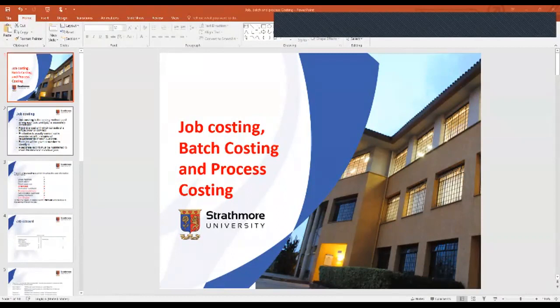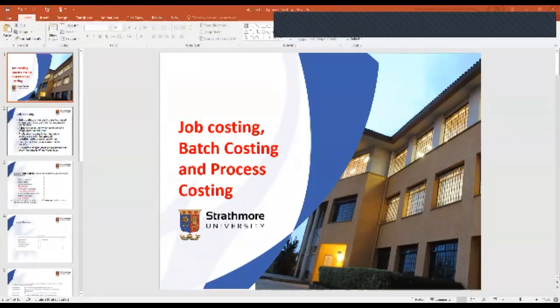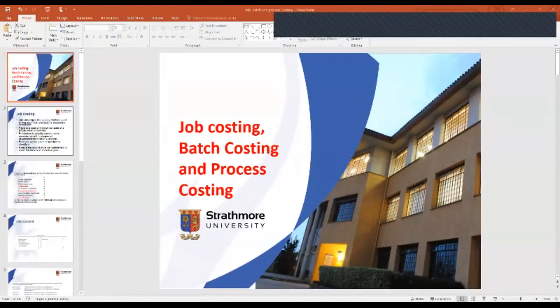Okay, welcome to our class today. Yesterday we introduced how to account for job costing. Don't forget, in the case of job costing, the only difference from conventional product costing is that the job is done within what the customer specifies.